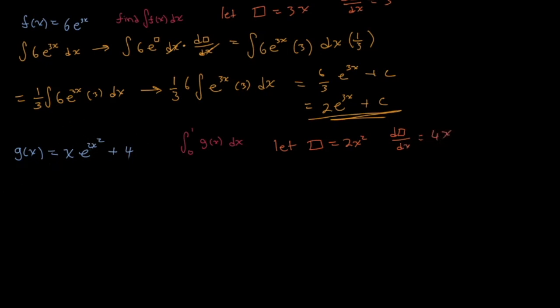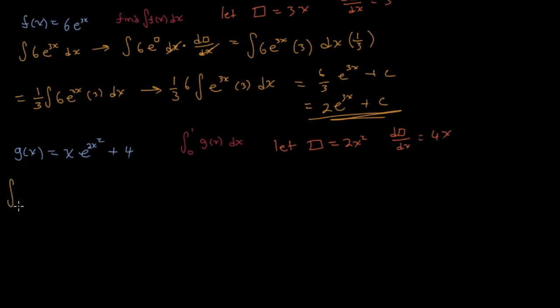One thing I should do is make this look a little bit neater. This is a 2. Okay, that's better. And so now we can go ahead and evaluate that integral.